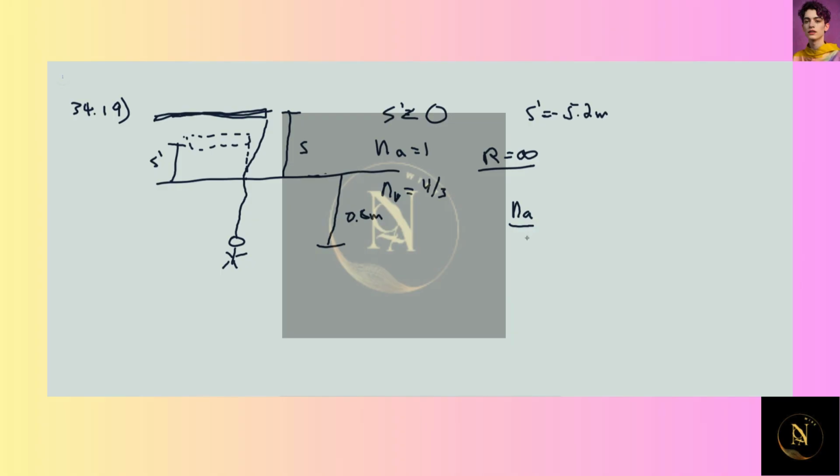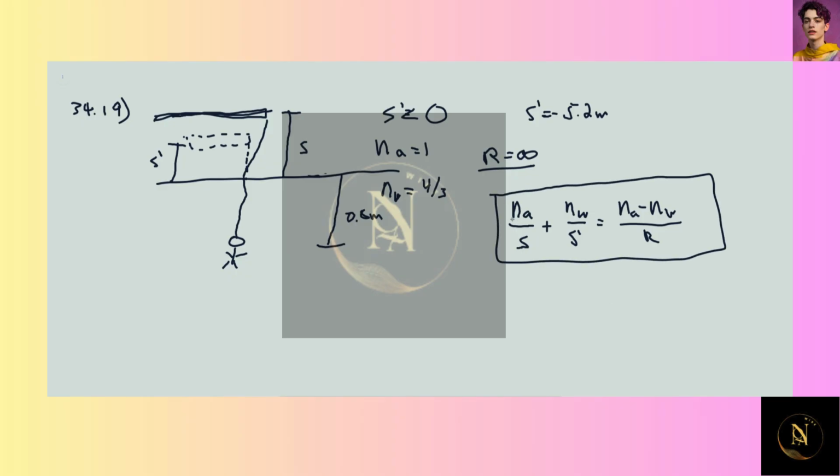So our equation becomes n_a over the object distance, plus n_w over the image distance, and this should equal the difference in these over the radius of curvature, right? Cool. So this is our equation that's going to let us figure out what we want.